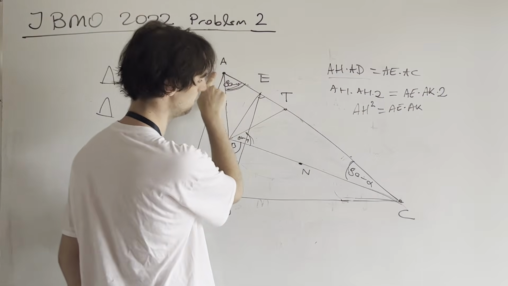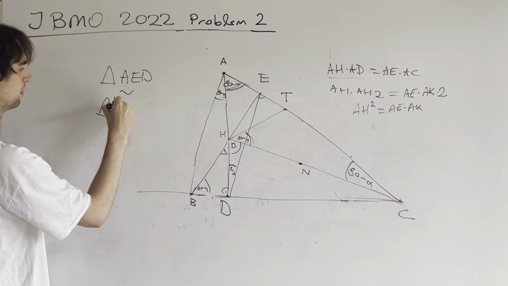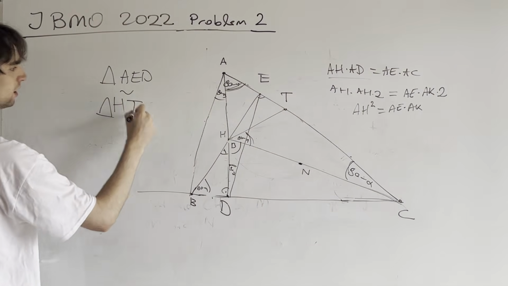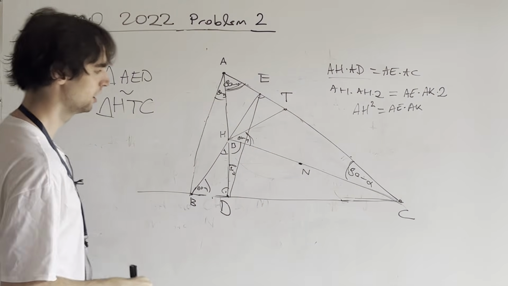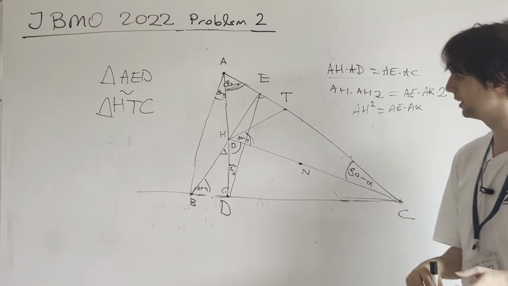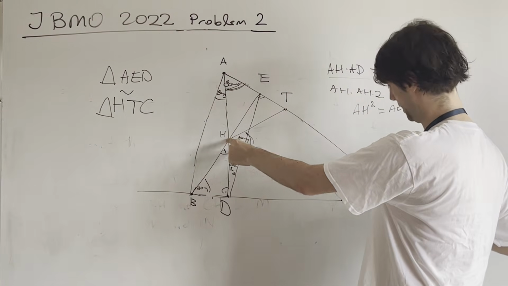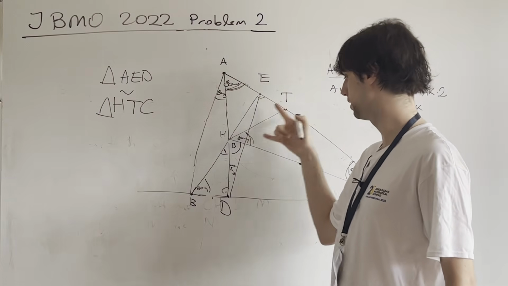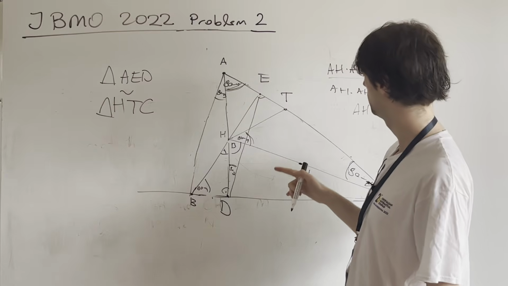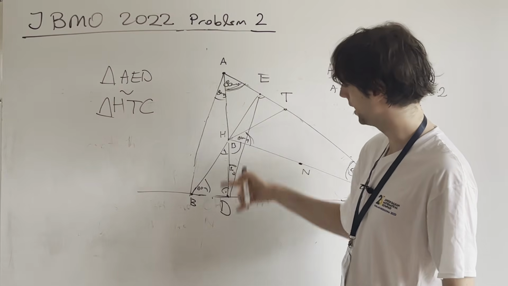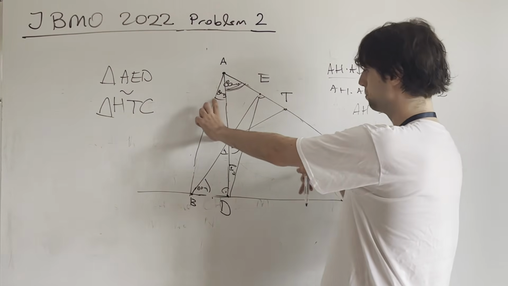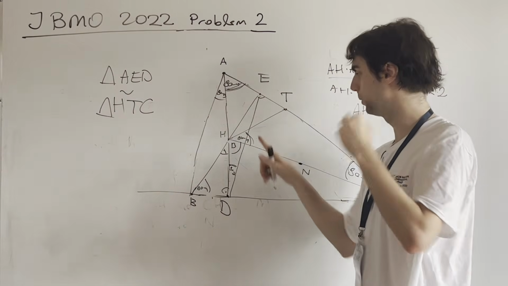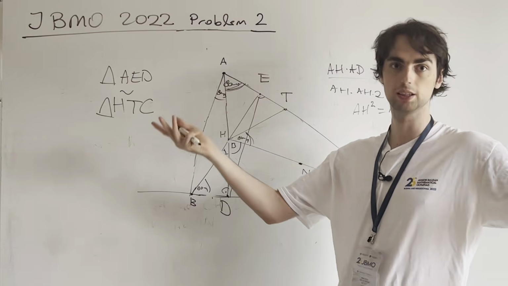Okay, so A is 90 minus gamma, H has 90 minus gamma, E has this angle that's obtuse, so does T, and C. And now if I take the midpoint, from this we have HT over HC is equal to EA over ED. Actually, no, it's AE over AD. And then if we take the midpoints, we still have the corresponding ratio that we need. And we have the same angle, so side angle side, yay.